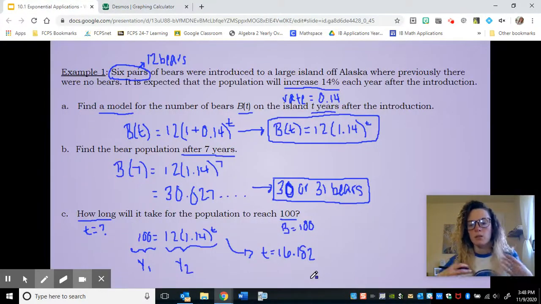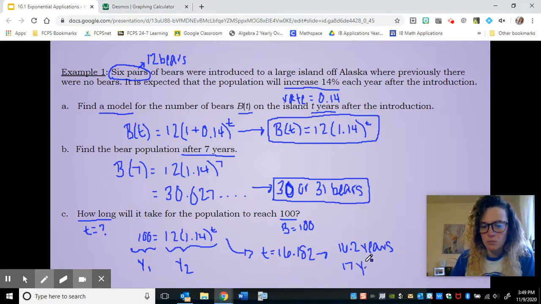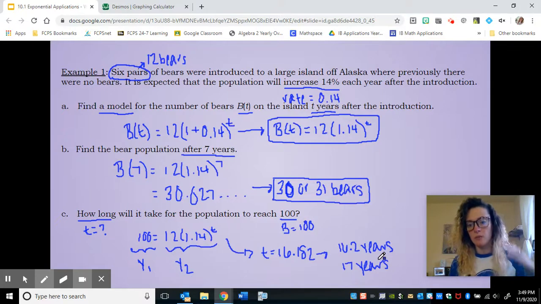All right, so again, adhering to some IB rules, I could say this is 16.2 years. IB would also take 17 years, because if you use the table, that would be the first place where the population would reach or surpass 100.